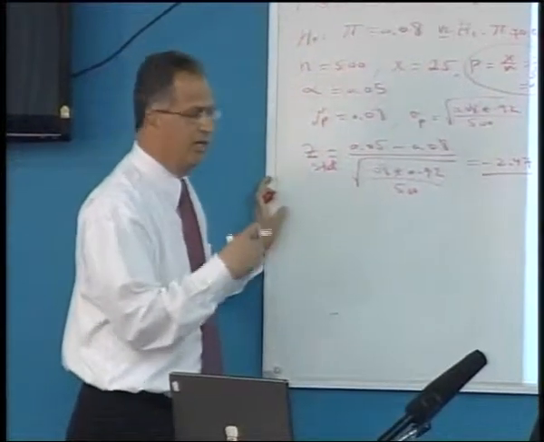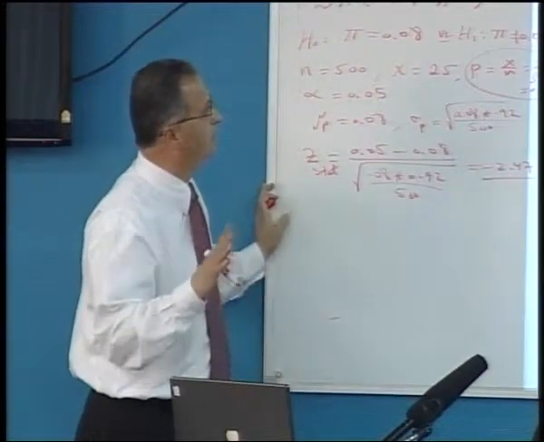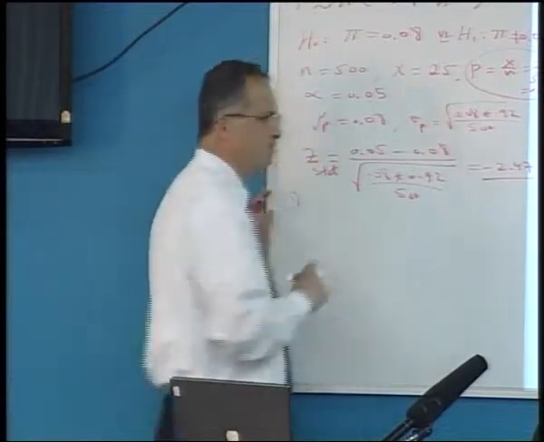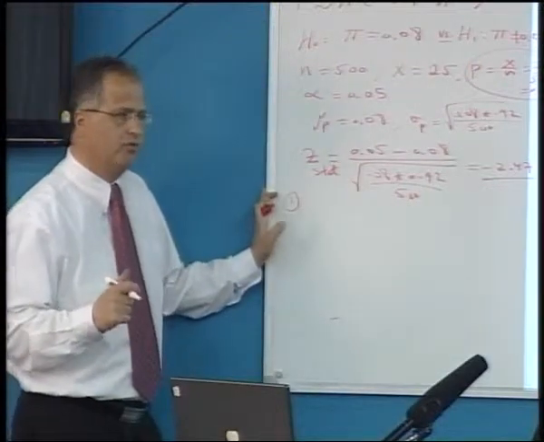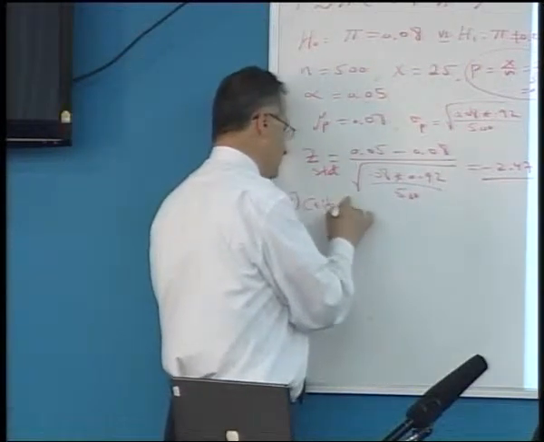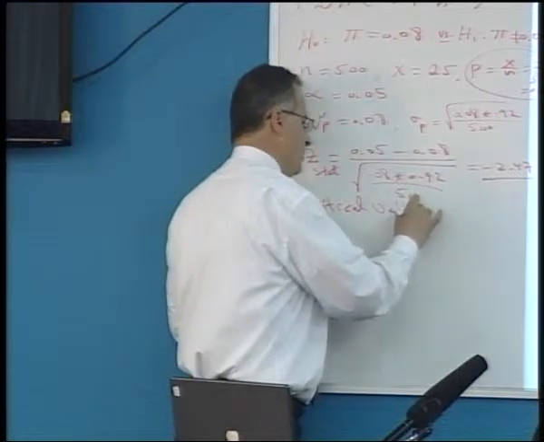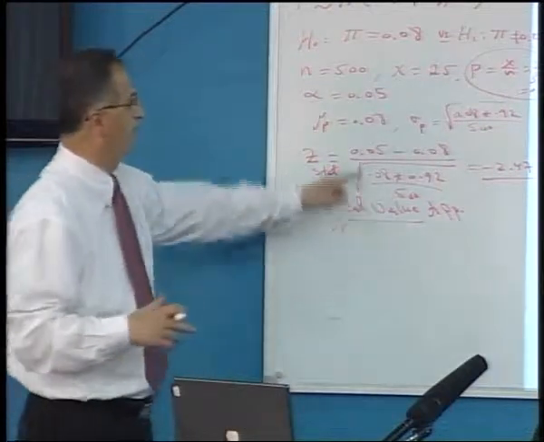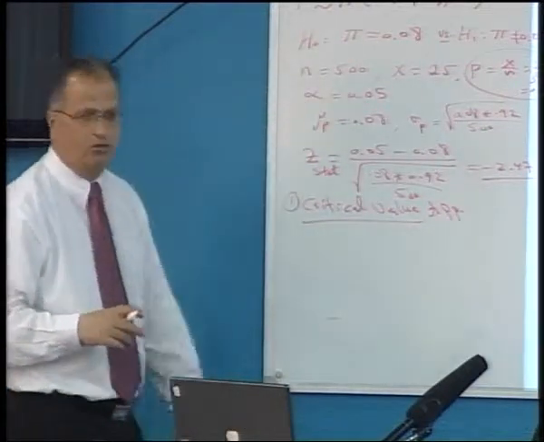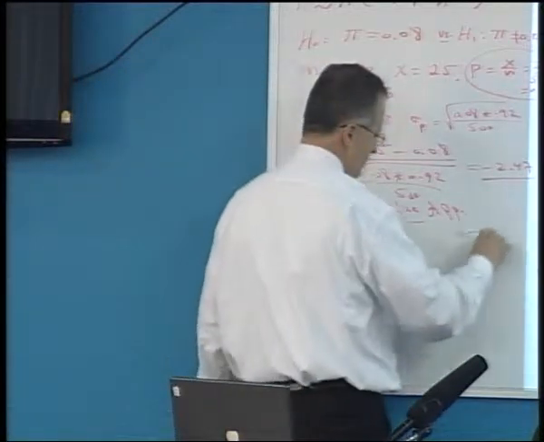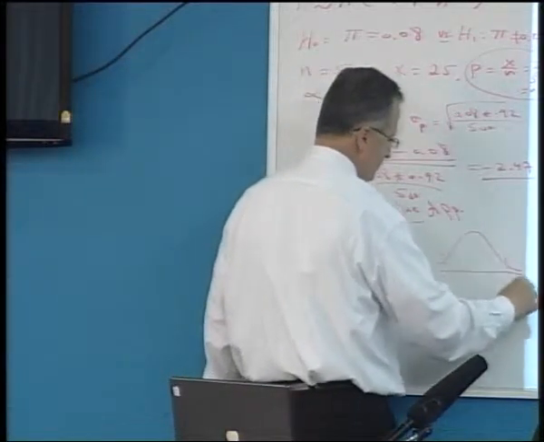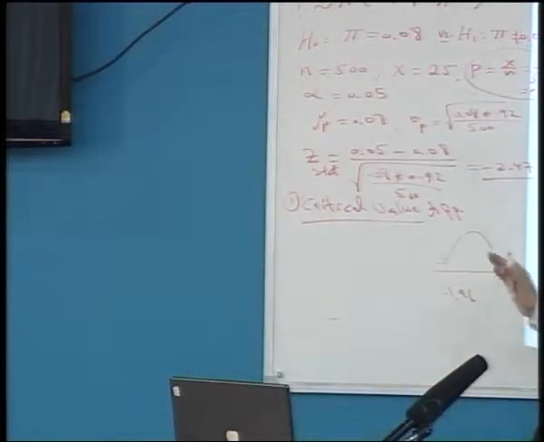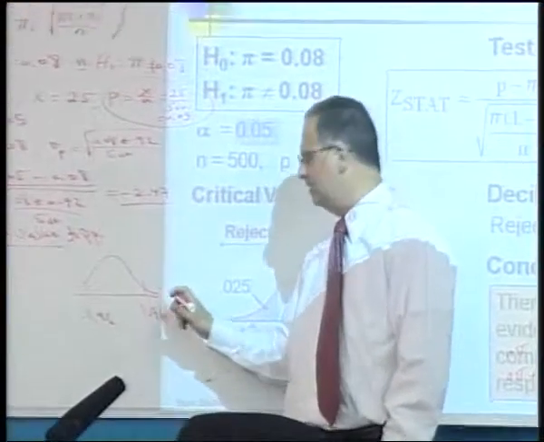Now, let's look at three different approaches to solve this problem. Number one, critical value approach. Now we are talking about alpha of 0.05. So my rejection region is minus 1.96 to the left side and 1.96 to the right side.